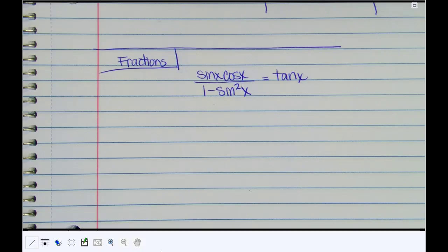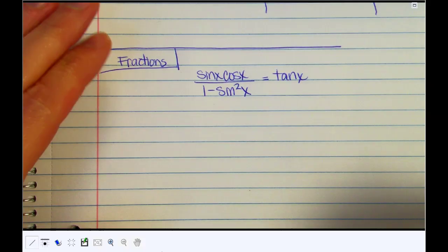You see a 1 and a thing squared. What is 1 minus sine squared equal to? Cosine squared. Okay.